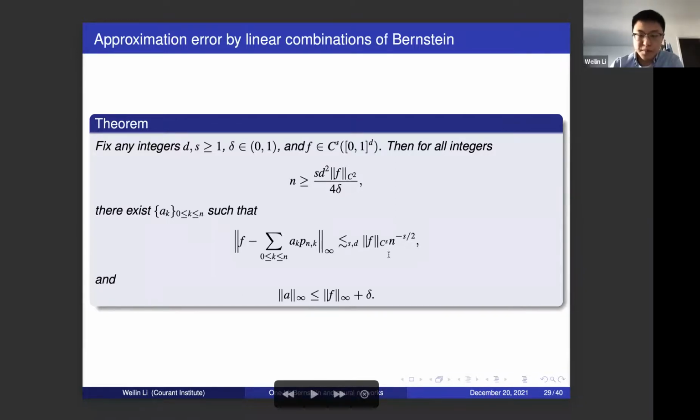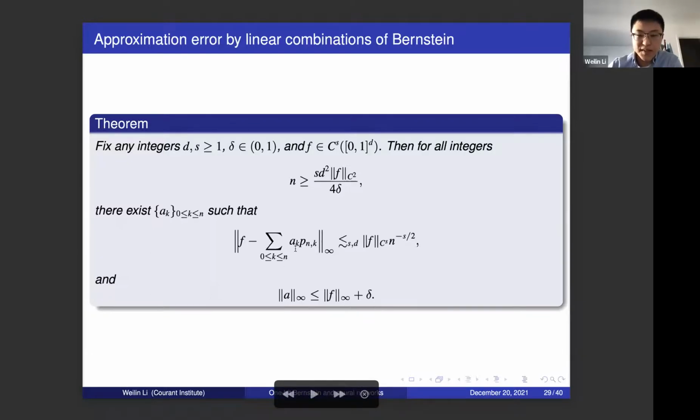The important yet subtle part here is that we're not achieving this approximation by blowing up the coefficients. The coefficients are quite reasonable. They're just slightly larger than f, only delta bigger. The relationship between delta and n is that delta is like 1 over n. So as we increase n, this delta is also decreasing.